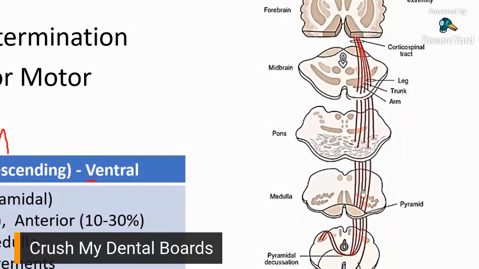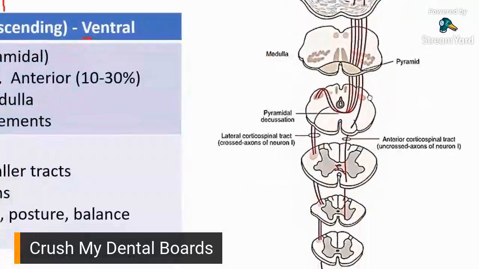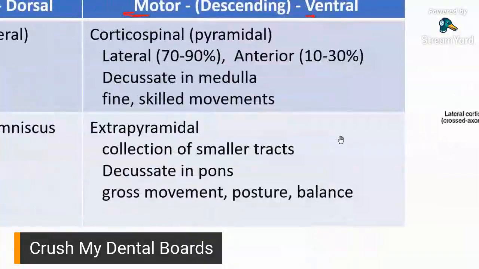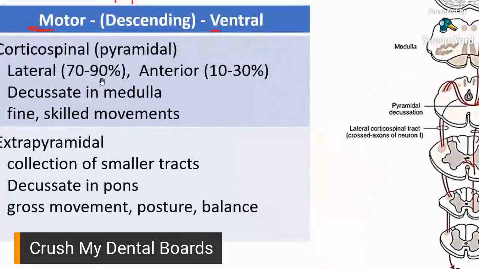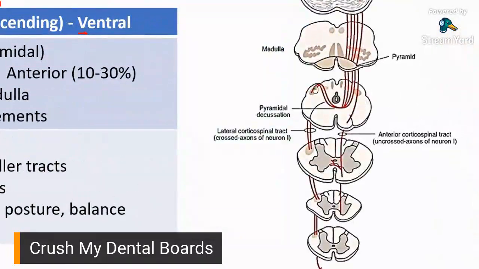So if you would follow that one, dito mo makikita yung sinasabi kanina na it decussates in the medulla. Decussates. It crosses over. Right there. See? So you have, sabi natin, 70 to 90% would cross over, which is this part.